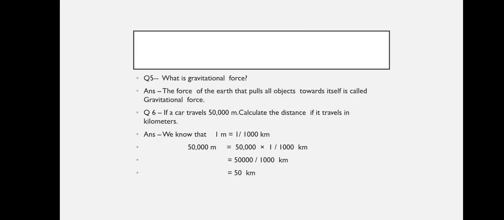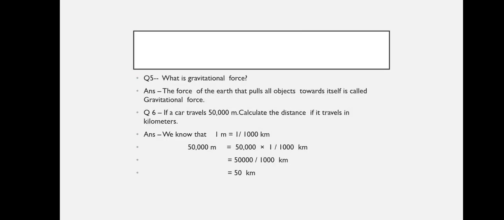Question 6. If a car travels 50,000 meters, calculate the distance if it travels in kilometers. We know that 1 meter is equal to 1 upon 1000 kilometer.